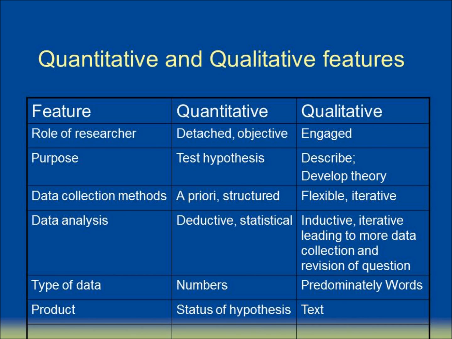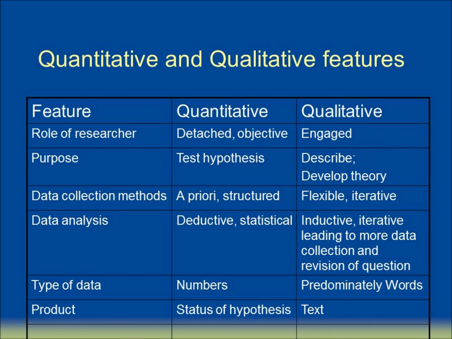Okay? Whereas in qualitative research, the researcher is the data collection tool. They are engaged. They continue to ask questions. The purpose of quantitative analyses tends to be focused on testing hypotheses, as opposed to qualitative studies where the purpose is more on describing or developing theory.